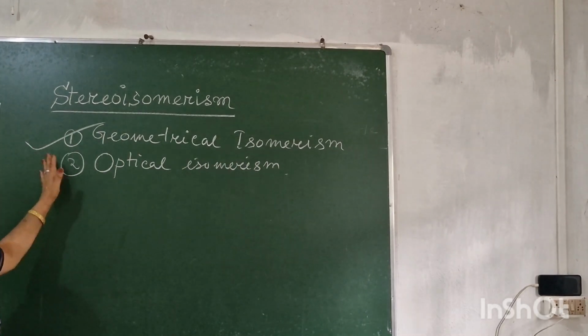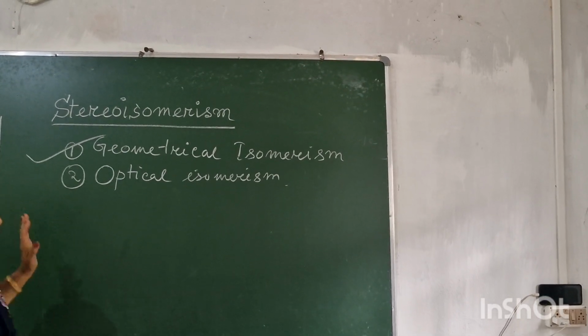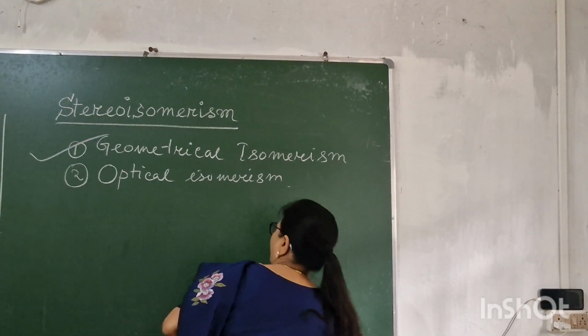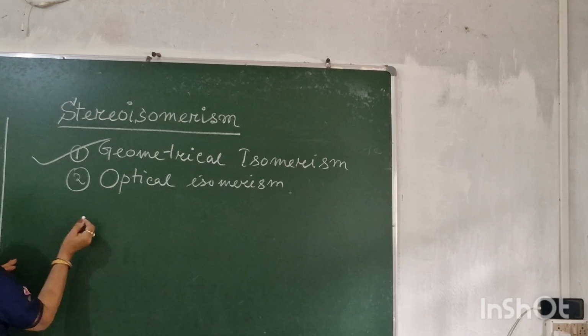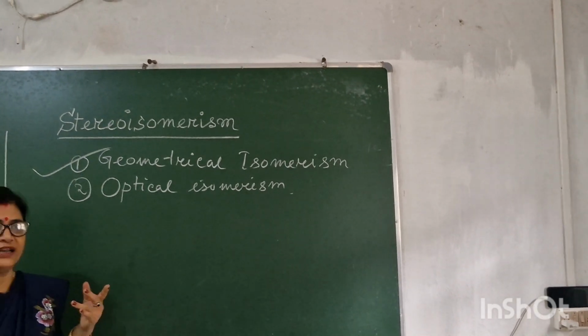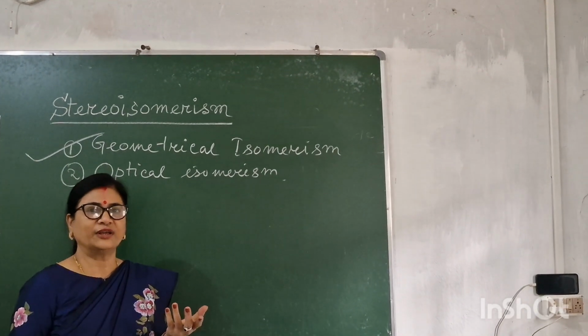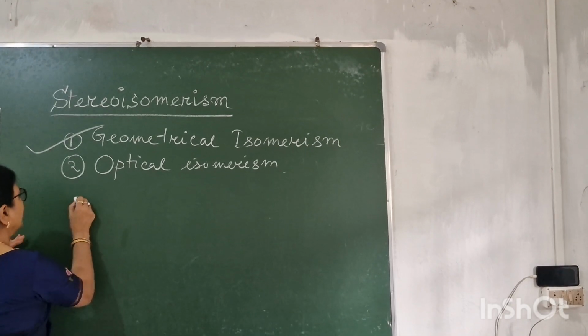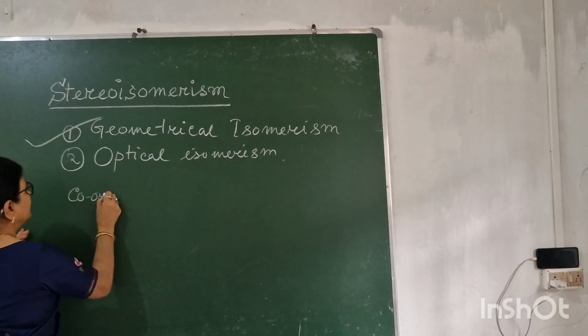Now I will discuss geometrical isomerism. Geometrical isomerism is shown by the complexes where the central atom has coordination number 4.